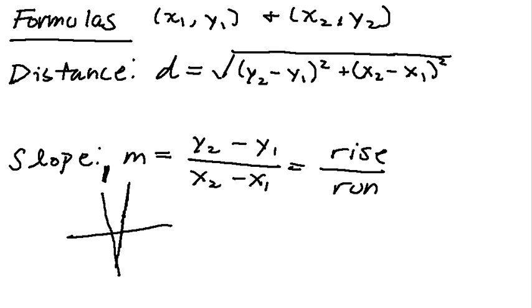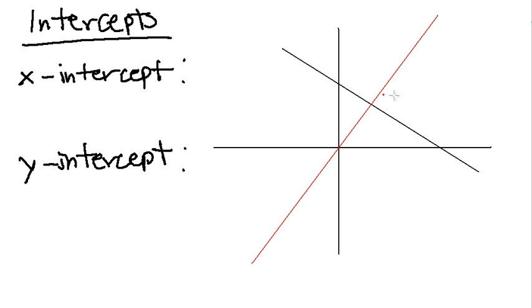There are 2 particular points on a line which are very important. These are the x-intercept and the y-intercept. The x-intercept is the point on a line at which the line intersects the x-axis. So this point right here, for the black line, is the x-intercept, and analogously, this point right here is the y-intercept.